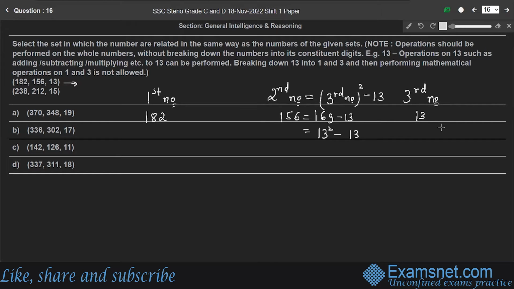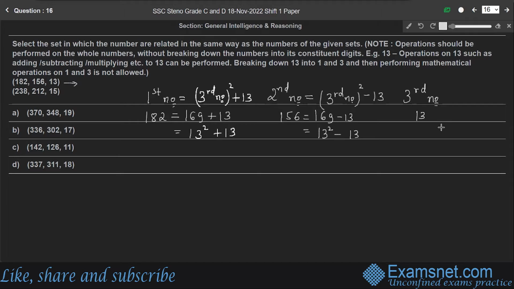The first number can be written as 169 plus 13, which is equal to 182, where 169 is the square of 13. Therefore, the first number can be written as the square of the third number plus 13.